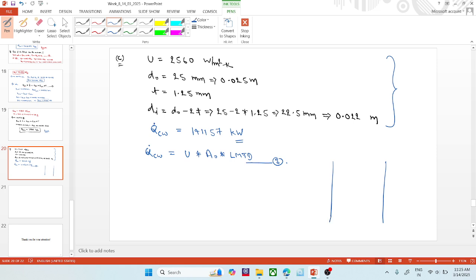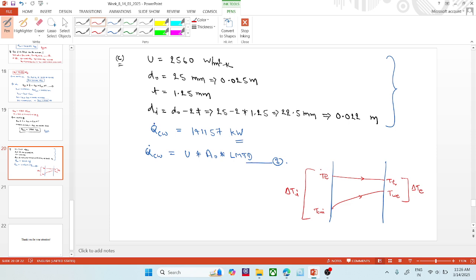Let me plot the temperature profiles here, although I have done it earlier. This is Th, this is T cooling water inlet, this is T water exit. This would be the temperature difference at inlet, delta Ti, and this would be the temperature difference at outlet, delta Te.